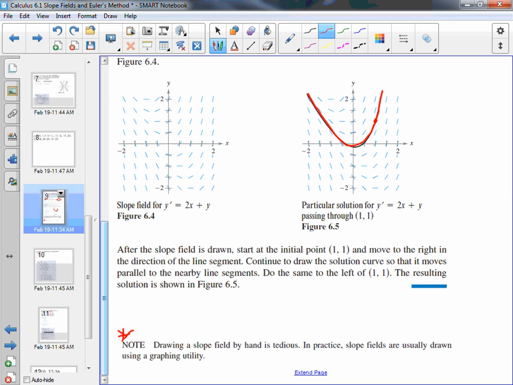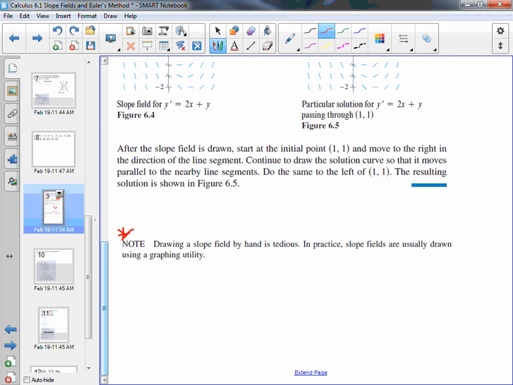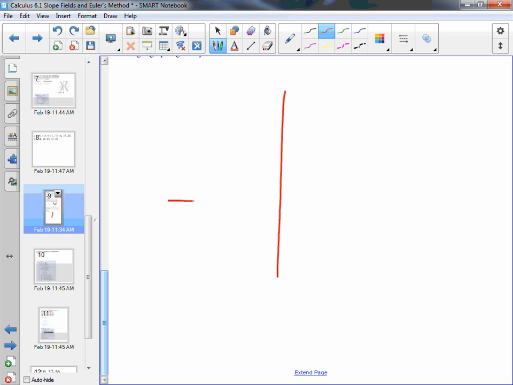Quite often on the AP test, you have to make one by hand. Now, it won't have 2 million little blue lines. It'll give you like 16. Okay? So what they'll do is they'll show you a coordinate plane, and they'll fill in the points they want you to figure out, and then we'd come in and, however it looks, fill the rest in.